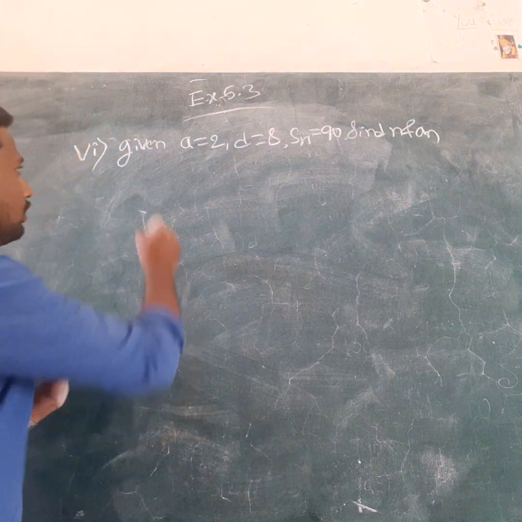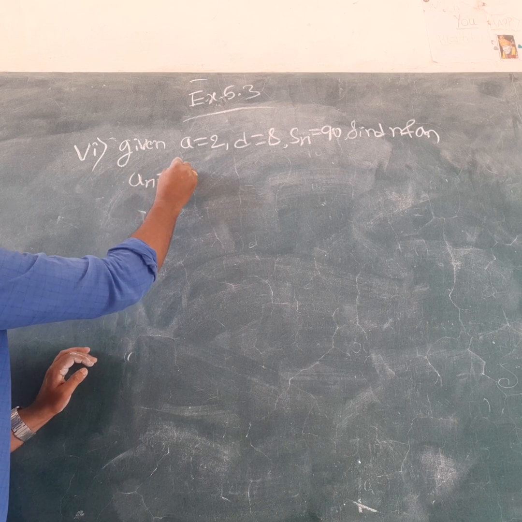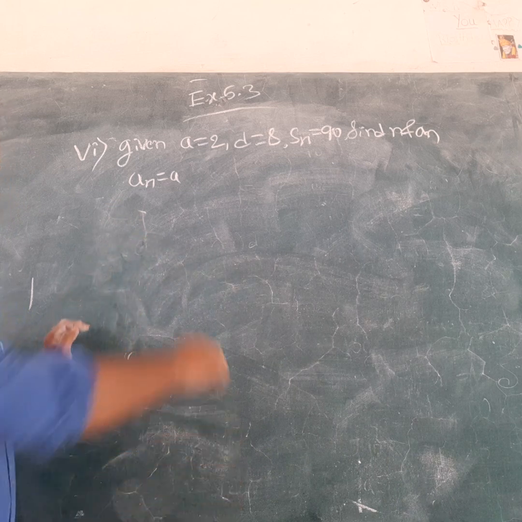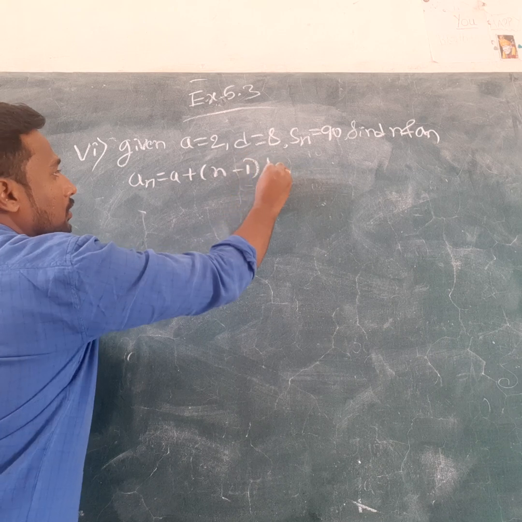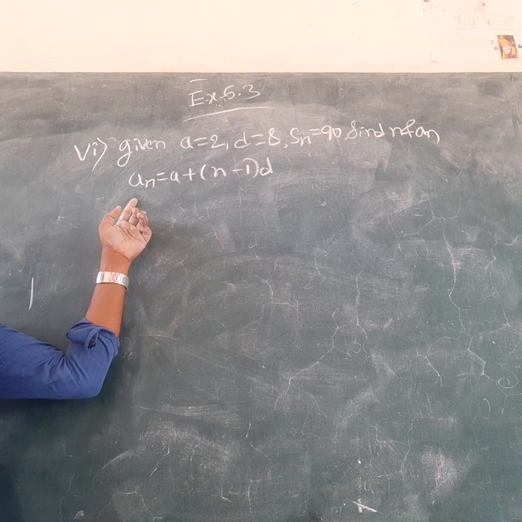First I will use the formula. An is equal to, what is the formula? An is equal to A plus n minus 1 into D. Now I don't have the value of An.